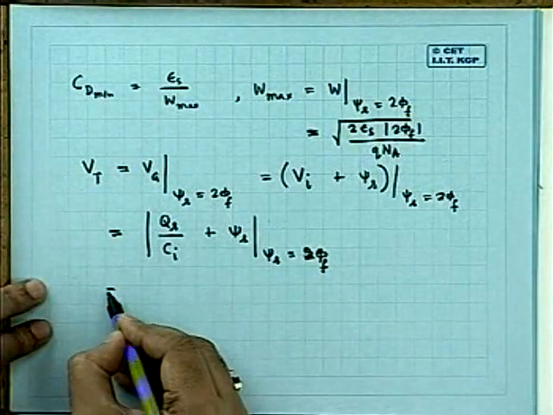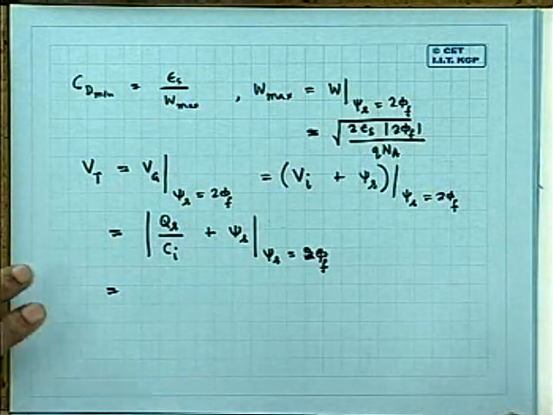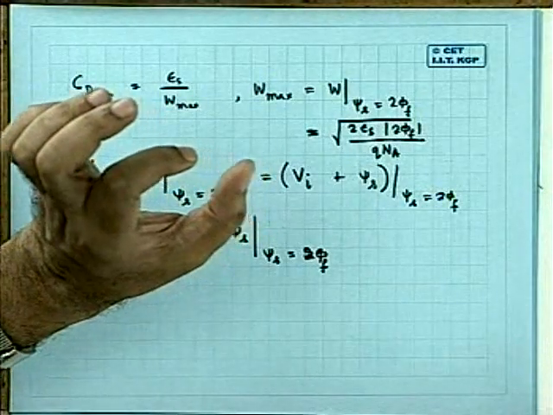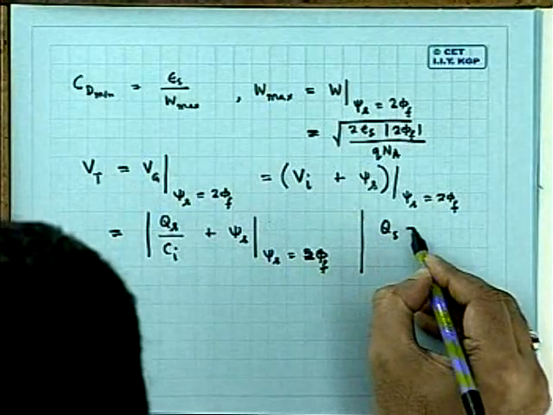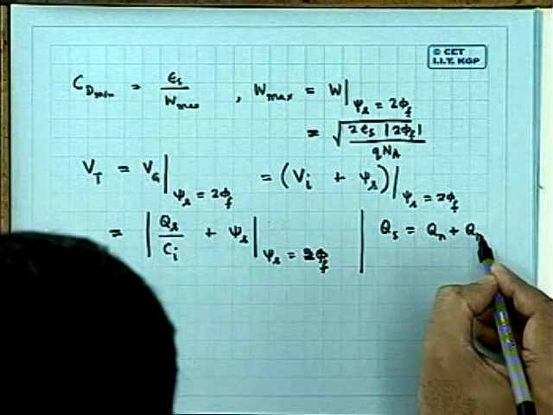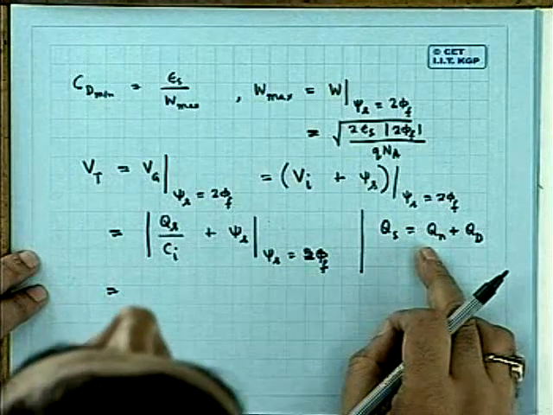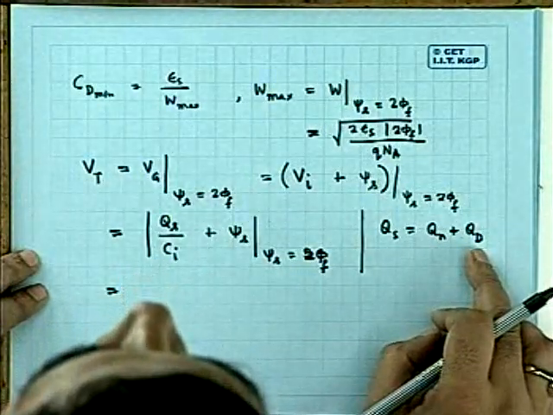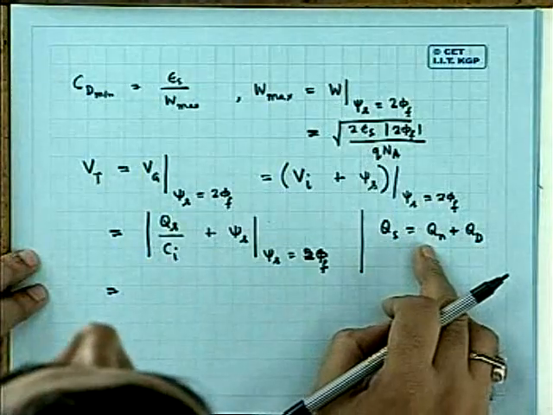And what is the expression for Qs? Qs consists of two parts, Qn and Qd. You remember, Qs is equal to Qn plus Qd. Qn is a charge per unit area in the inversion layer, and Qd is a charge per unit area in the depletion layer. Up to Vt, I have assumed Qn equal to 0.